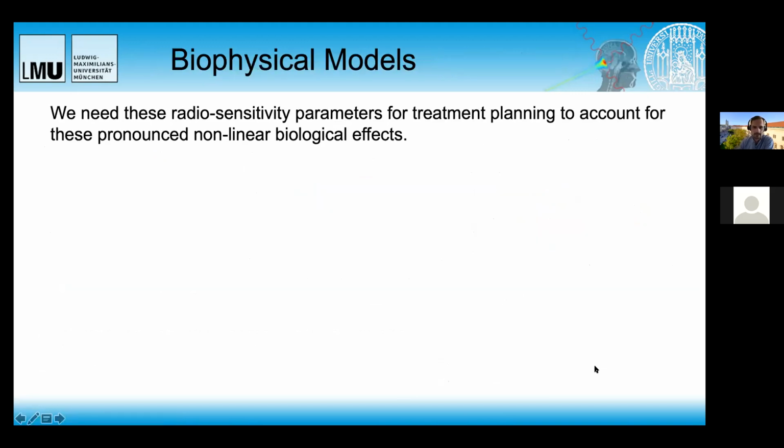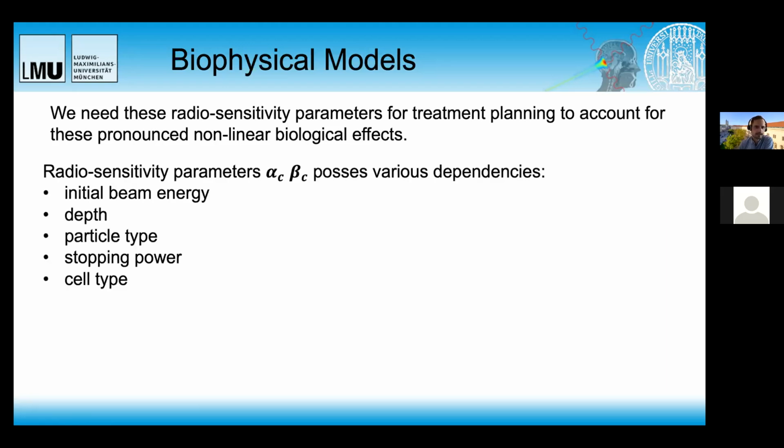And now the question is, well, how do we get these parameters? Because we need them to perform our treatment planning, to account for these effects. As I've just pointed out, these radiosensitivity parameters possess various dependencies: the initial beam energy, the depth, fragment, stopping power, and also the cell type.